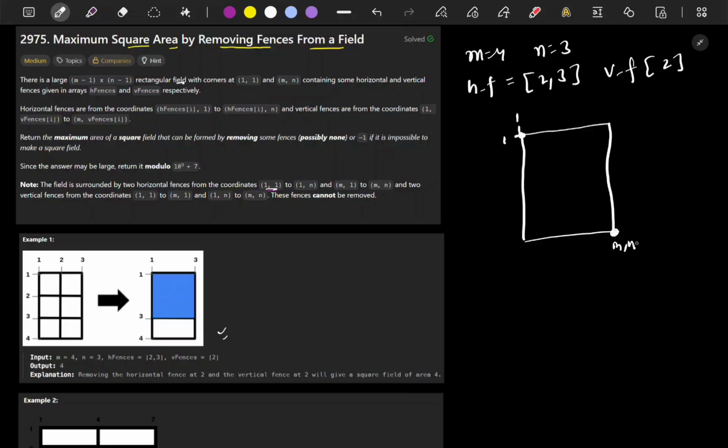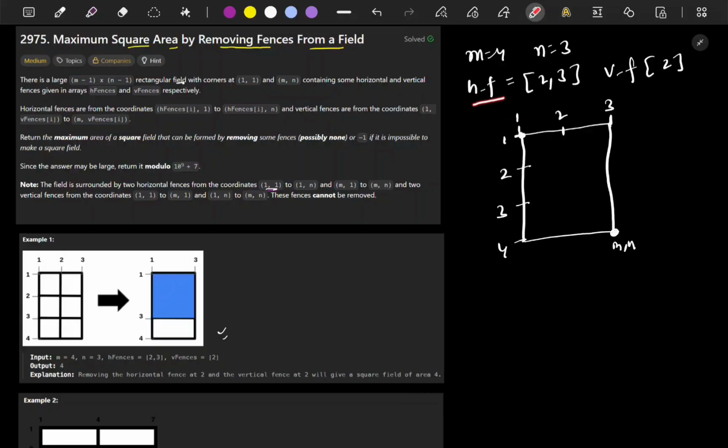Here m is 4, meaning 1, 2, 3, 4, and n is 3, meaning 1, 2, 3. So this is one rectangle, where the corners are (1,1) and (m,n).